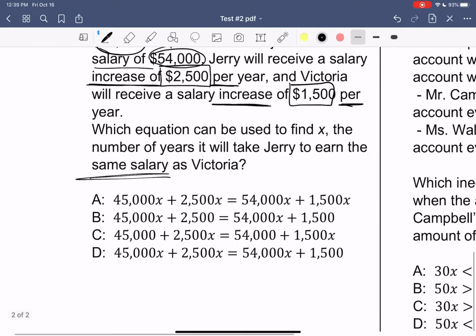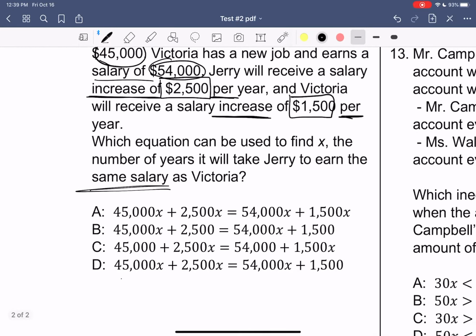So let's look at Jerry and Victoria. Make sure we get our numbers on the right side.